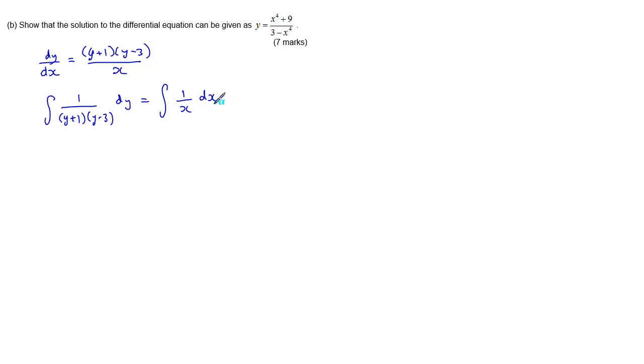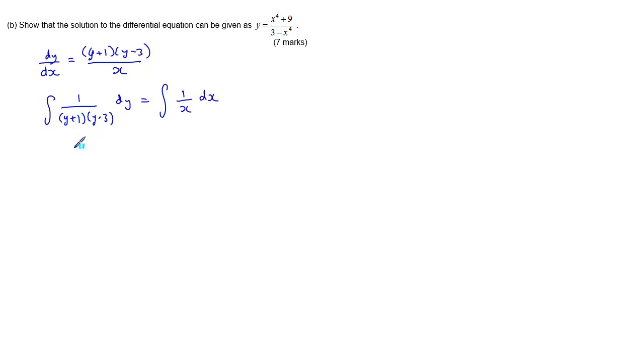Show that the solution to the differential equation can be given as this expression here. So we have dy/dx is equal to (y plus 1)(y minus 3) over x. So if we separate, we get the integral of 1 over (y plus 1)(y minus 3) dy is equal to the integral of 1 over x dx.